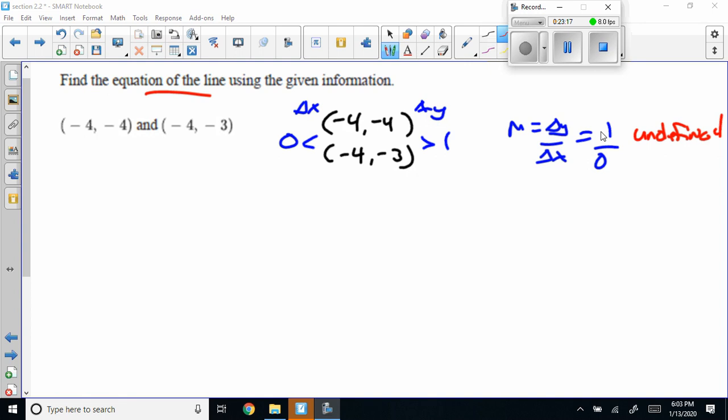So what's the equation for a vertical line? Remember, the equation for a vertical line will be the axis being crossed, and then where on that axis, right? So what axis is being crossed on a vertical line? The x-axis, where? -4.